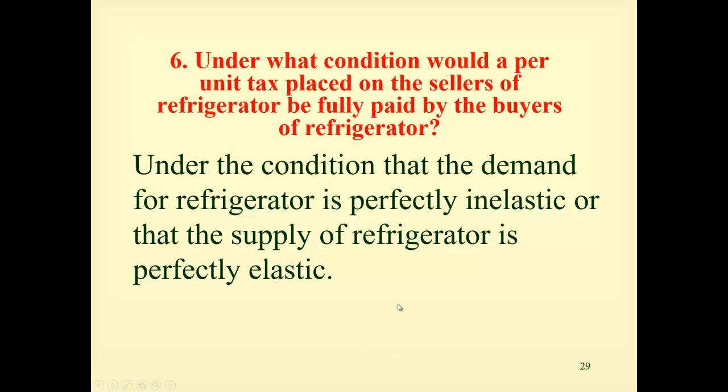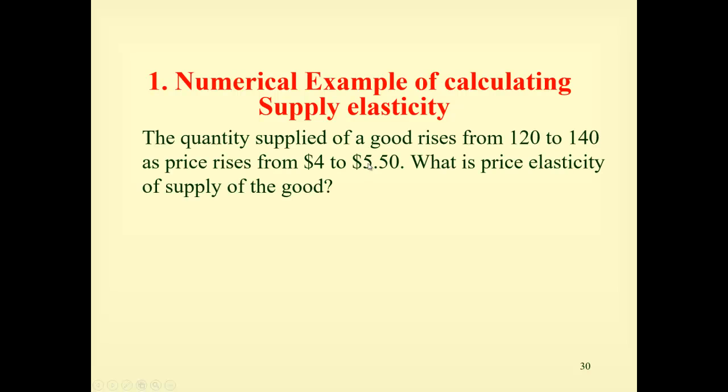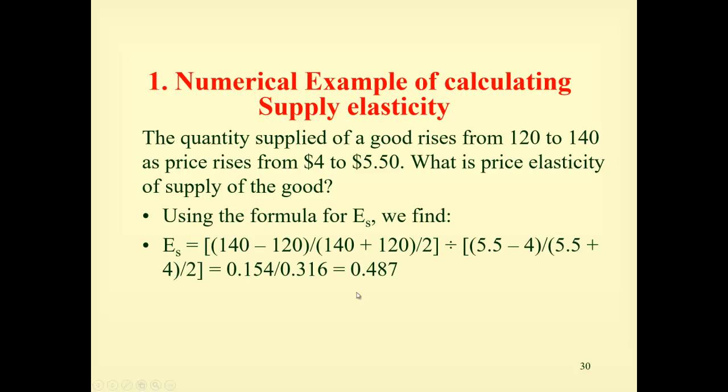Okay? Alright. How about this numerical example? We want to calculate elasticity of supply. Price goes from 4 to 5.50. Quantity goes up from 120 to 140. So we want to know what's the elasticity. Well, remember that 5 steps I told you about for calculating elasticity?